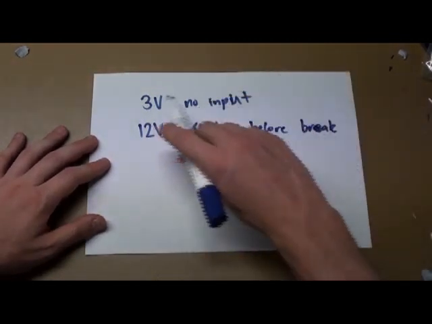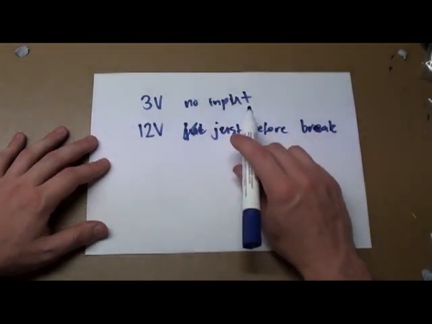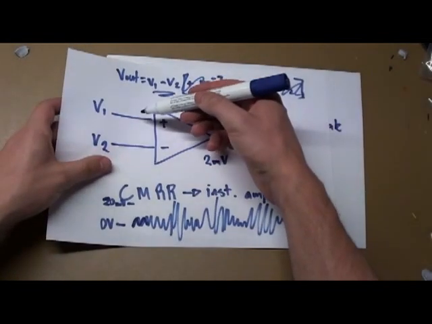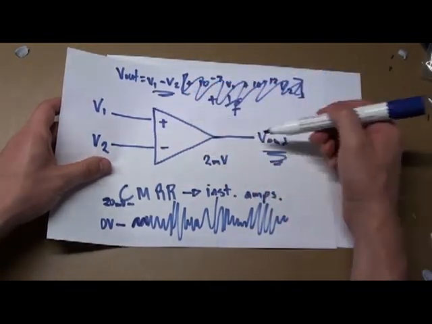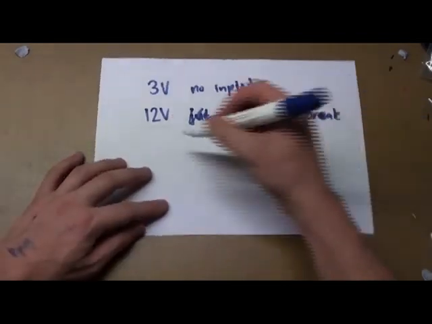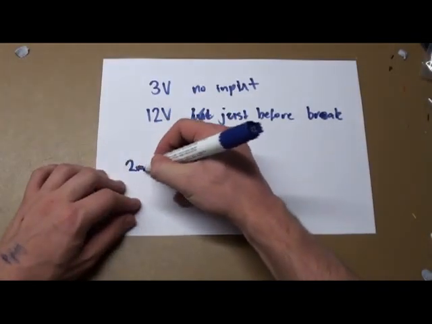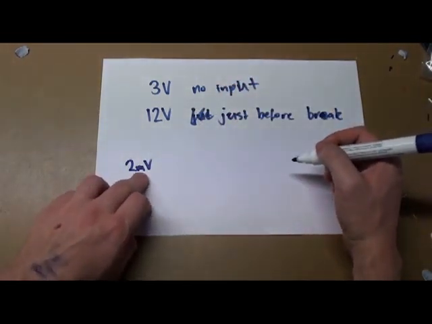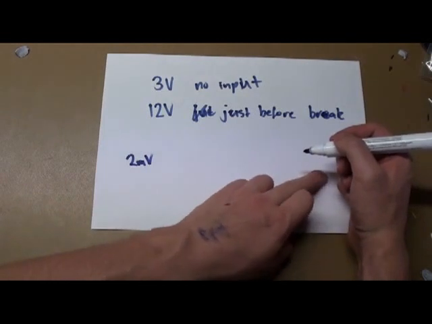Right, so what you need to do is work out the voltage that's going to be V1 minus V2 that's going to come out of your instrumentation amplifier. So let's say in our case it is going to be 2 millivolts. Okay, so really 2 millivolts we want to come out for something very large.